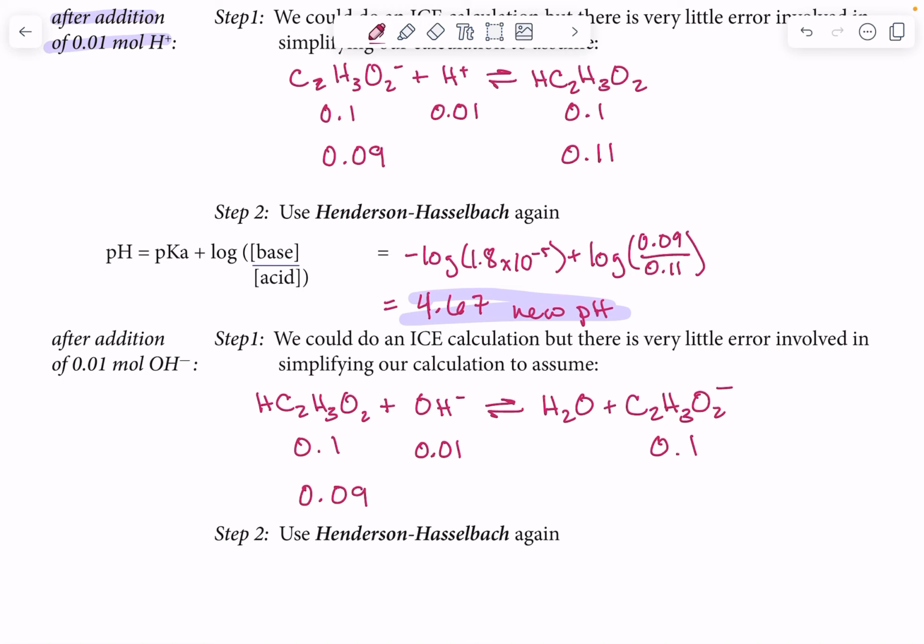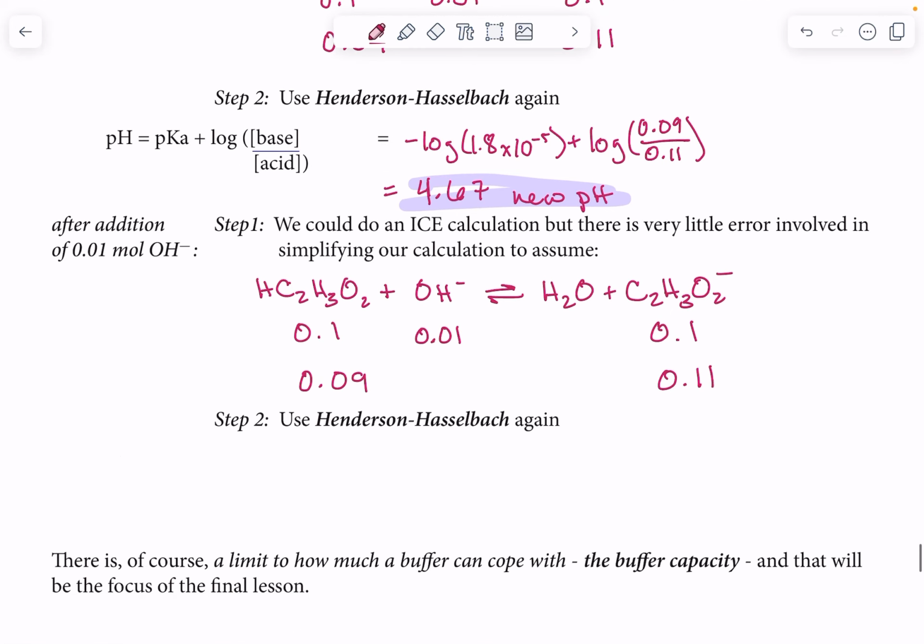That means our conjugate base is going to go up to 0.11. Plug it into Henderson-Hasselbalch. So pH is negative log of 1.8 times 10 to the negative fifth plus log of my new ratio, which is 0.11 divided by 0.09. And we get a new pH of 4.85.